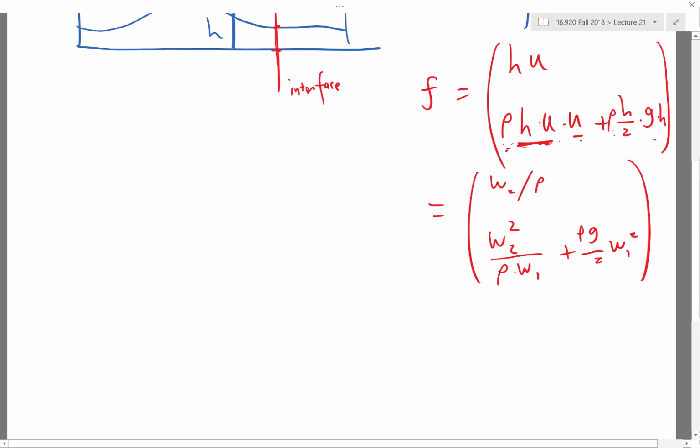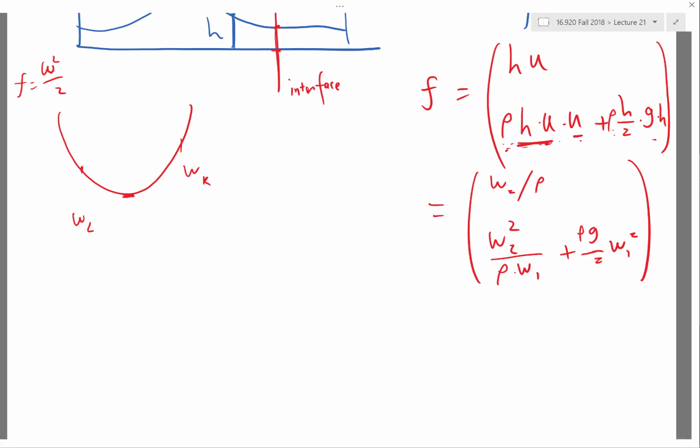Remember for the f equal to u squared over 2 case, if my WL is over here, WR is over here, the flux is actually chosen to be 0. So how do we deal with this kind of case if we have a system of conservation laws?